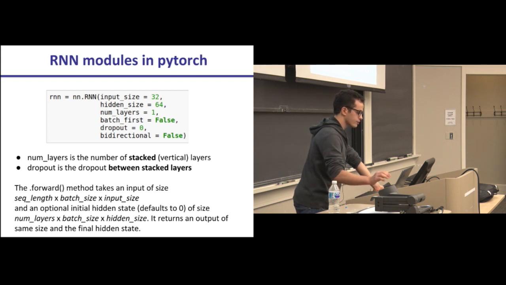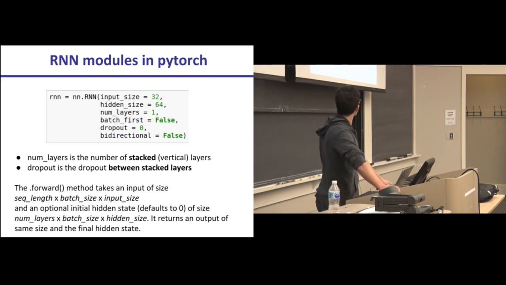So how to do that in practice? For RNNs in PyTorch, you've got modules like you've got for everything else. In the nn set of classes, you've got an RNN class where you can specify the input size, the hidden size, the number of layers. That's if you use stacked recurrent neural networks, like you should have seen in the lectures, vertically stacked.